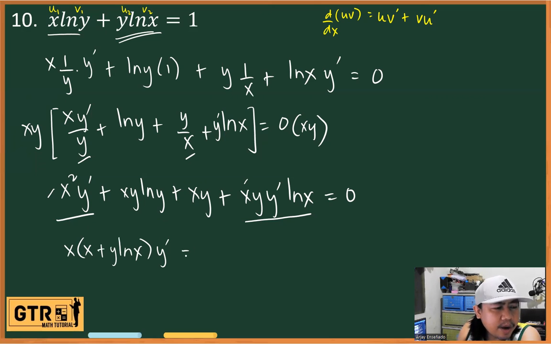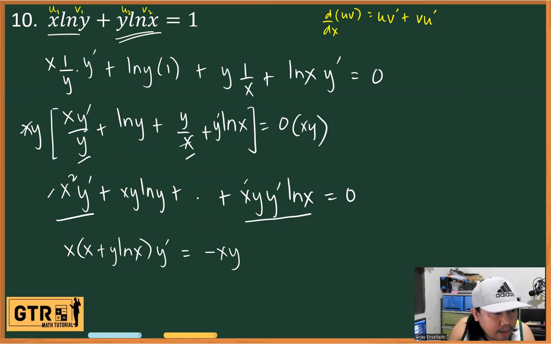Okay? Equals, put the other terms to the other side. So we have both positive, so that will become both negative. Positive xy, subtract both sides, so we have negative xy. And then negative xy ln y. Sorry, for this term, xy times y over x will be canceled out.